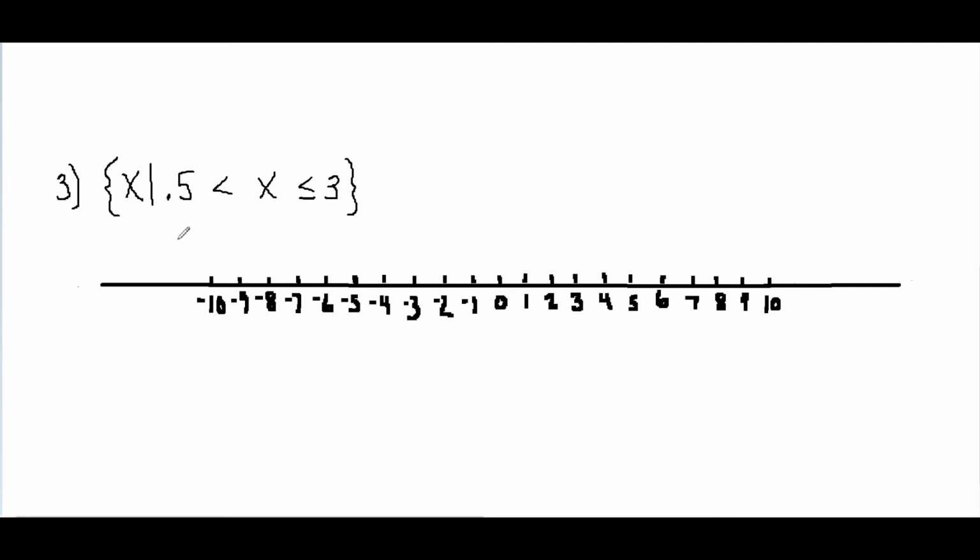So starting from the left, I've got 0.5 is less than x. So here's my 0.5. Where's 0.5 on the number line? Between 0 and 1. So I'll plot it here. This is 0.5. And let's see, it's less than x, so I'm going to use the parentheses, and I'm enclosing it this way.